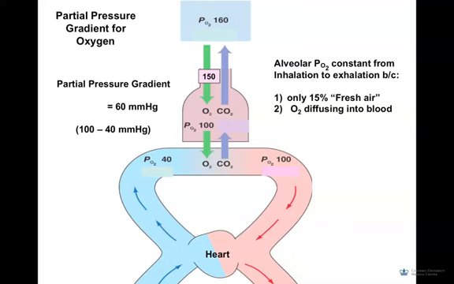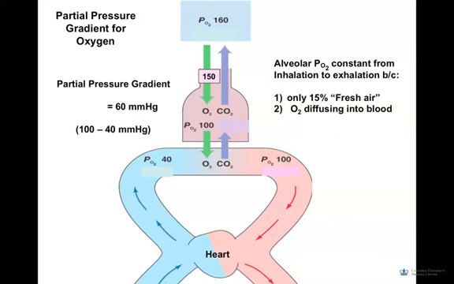Okay. So oxygen starts to move in the direction of the lower partial pressure. So oxygen moves into the capillaries. Okay. And it's going to continue to move until the partial pressures on both sides are equal.